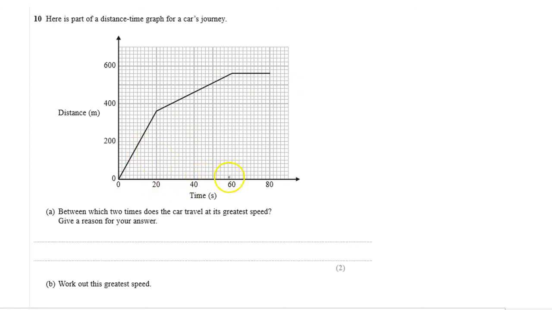From 20 to 60 it covered a distance of roughly 380 to 580, and from 0 to 20 it covered a distance of almost 380. So the answer is from 0 to 20. It covered maximum distance.